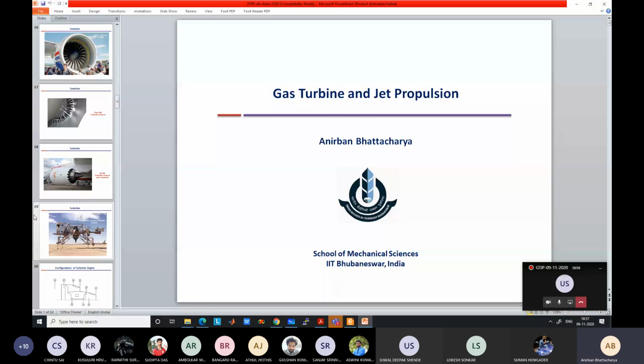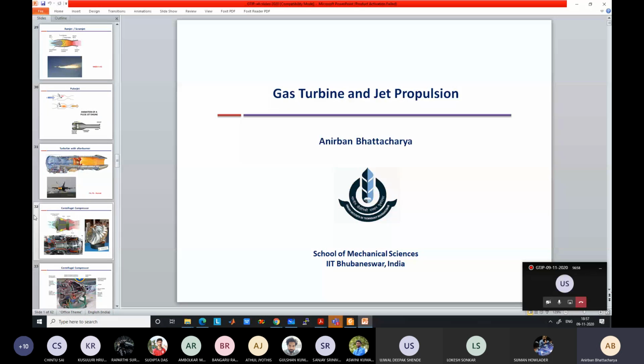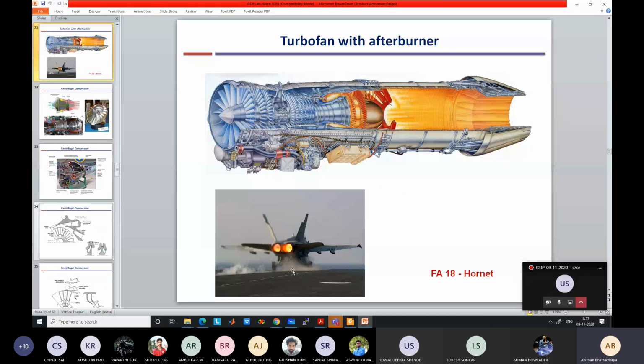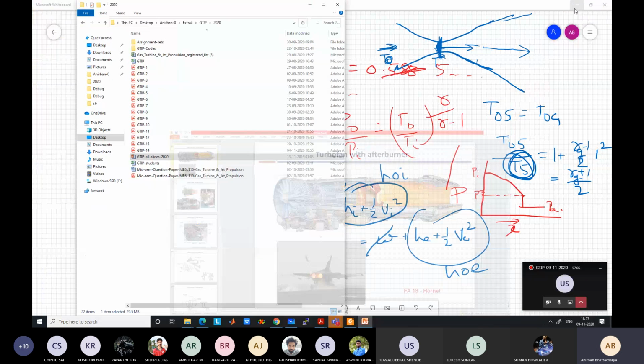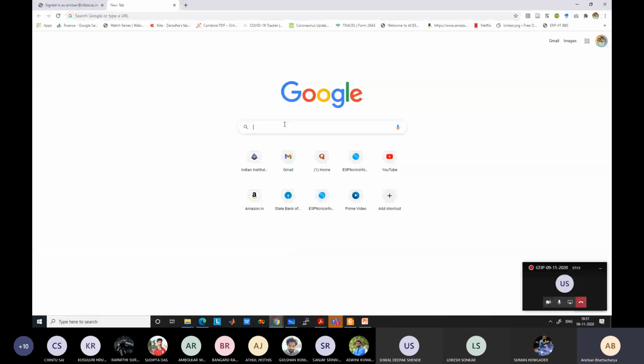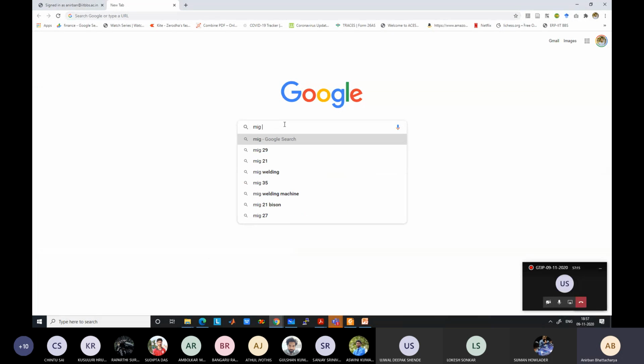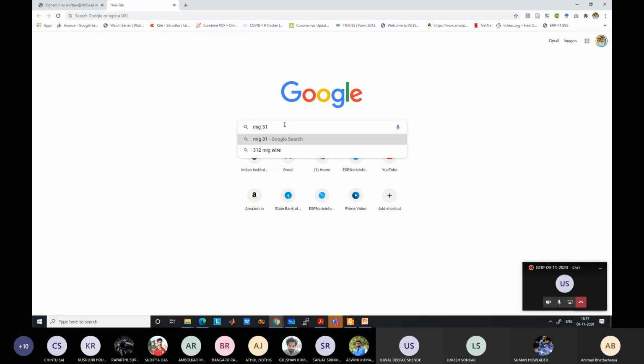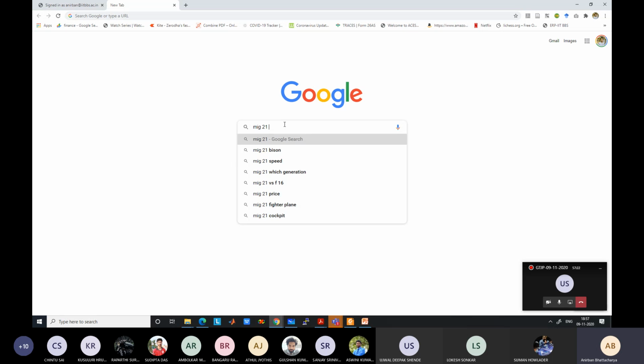I think for a jet aircraft, you will be able to notice if we have an afterburner. No, it does not have this. From this picture, it is not clear. MiG-21 nozzle.